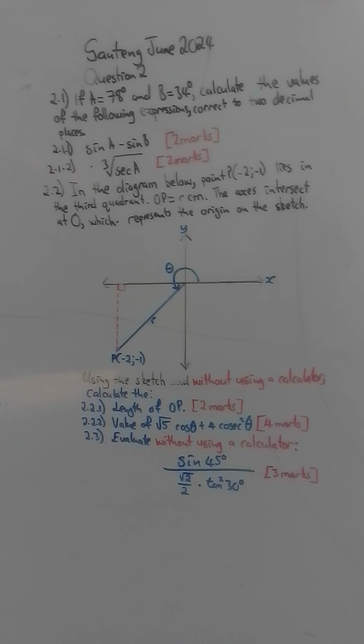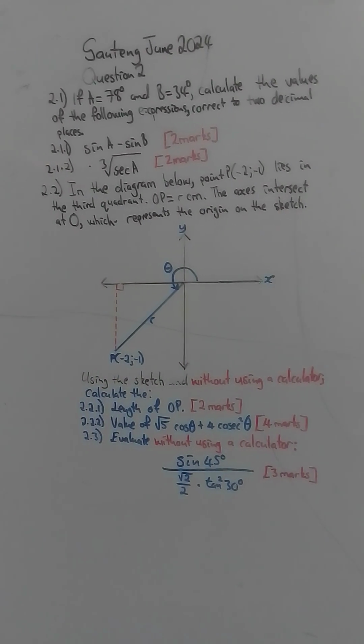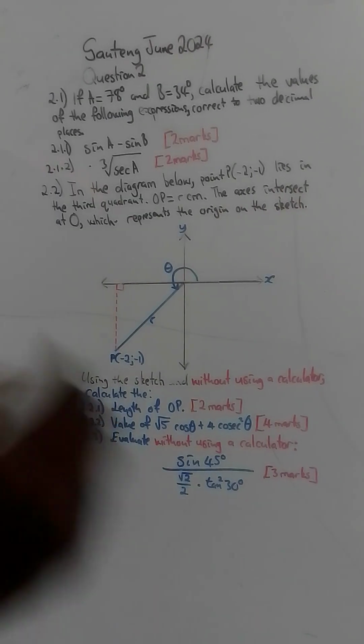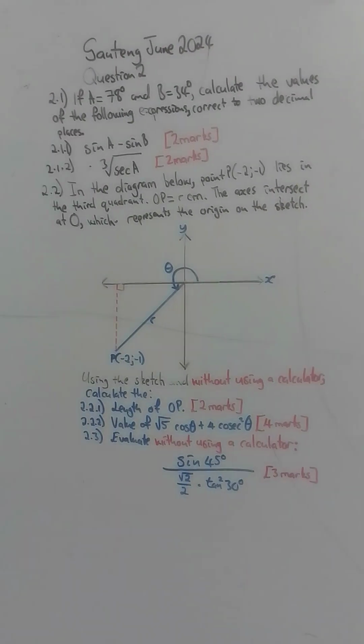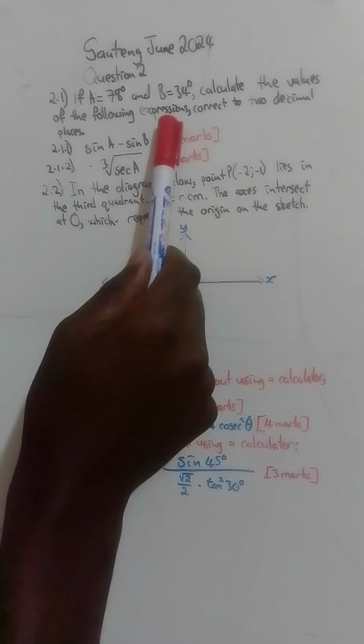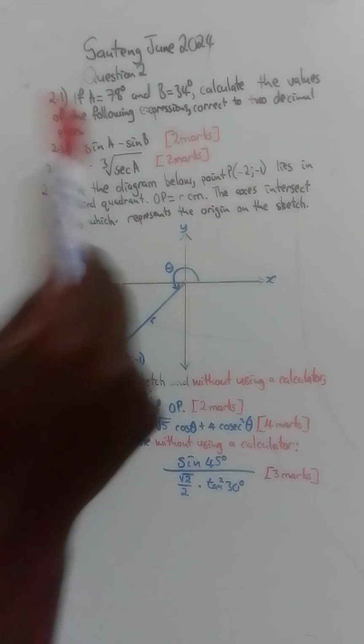All right, welcome back, and we are dealing with the Gauteng June 2024 past exam paper, and question 3 was about trig. On 2.1 we are told that if A is equal to 78 degrees and B is equal to 34 degrees, calculate the values of the following expressions correct to 2 decimal places.